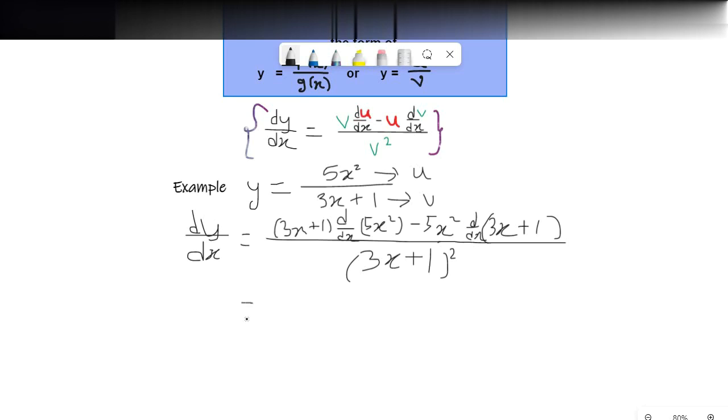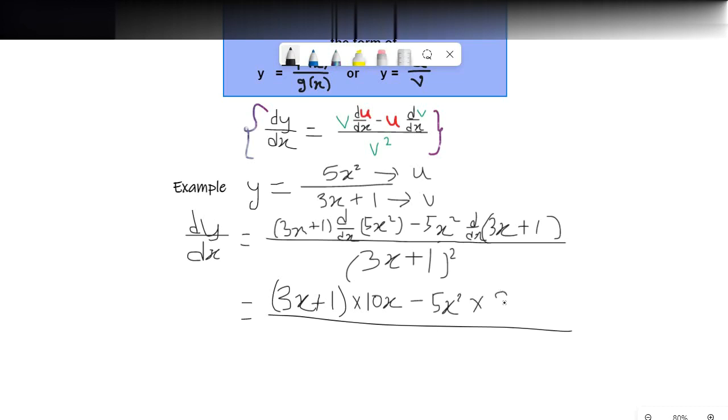So going through this step by step, we have 3x plus 1 multiplied with the derivative of 5x squared, which is 10x, subtracted with 5x squared, multiplied with the derivative of 3x plus 1, which is 3, as according to the formula.